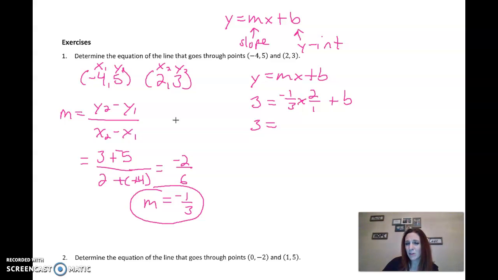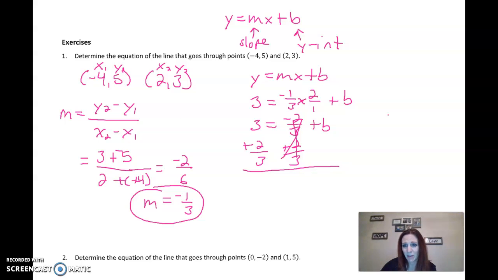Can't really cross reduce, but I'm going to end up with a negative 2/3, just multiplying straight across, plus b. And then I'm going to add 2/3 to both sides to solve for b. This should look familiar. This is what we were doing last time. This time we just had to find our slope first instead of being able to do it with rise over run. So now I have 3 over 1 plus 2/3.